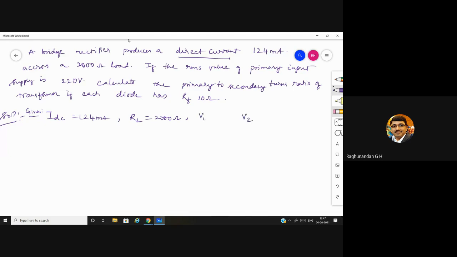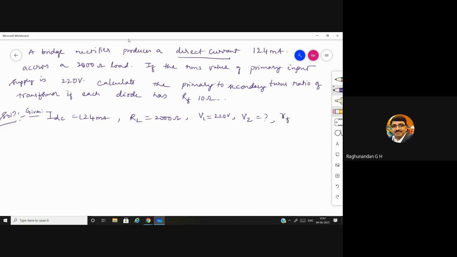V1 is primary voltage, the voltage at the primary coil of the transformer. V2 is the secondary voltage, which is at the secondary part of the transformer. So what is this 220? V1. It's 220 volt. So we need to find out V2, and also they have given RF.